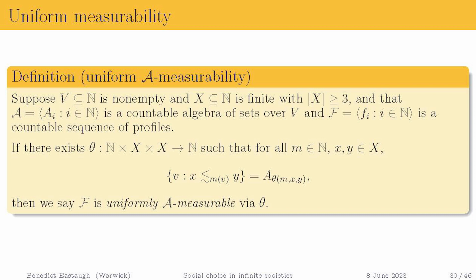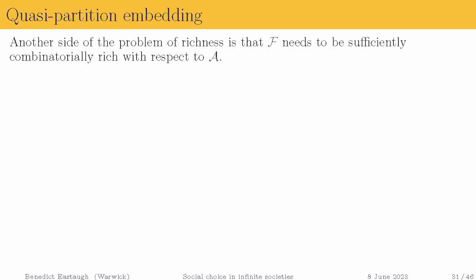And pairs of alternatives, x and y. The idea is, you give me the index of a profile, some election, and a pair of alternatives for that election, and then I hand you back the index of the coalition of voters who prefer x to y. That's all there is to it. Okay, so that's one condition.